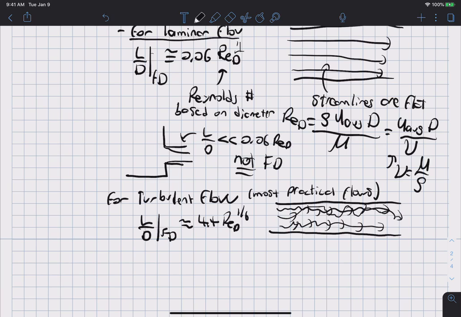Okay, so essentially for a turbulent flow, the flow is very chaotic. It is technically always unsteady, but there is a mean velocity that is steady that you can use to basically analyze things. And another characteristic of turbulent flow is that the velocity profile, even when fully developed, is very flat.